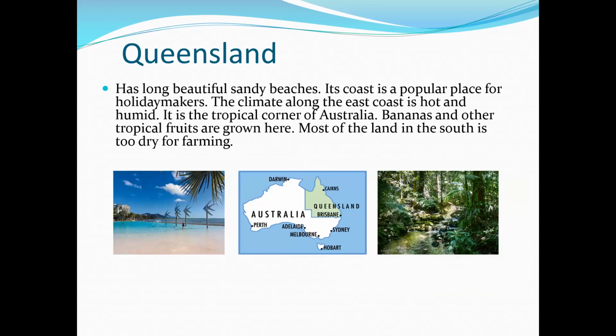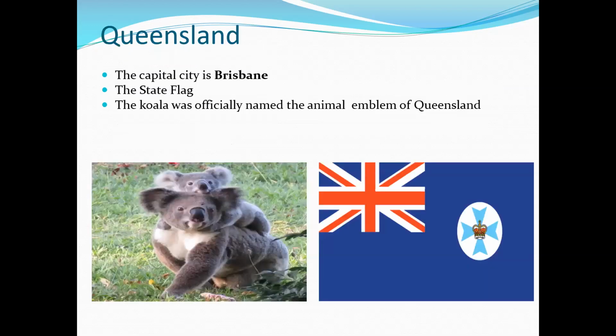Bananas and other tropical fruits are grown here, but most of the land in the south is too dry for farming. Some of Australia's most unproductive desert lands occupy the bigger part of the state.